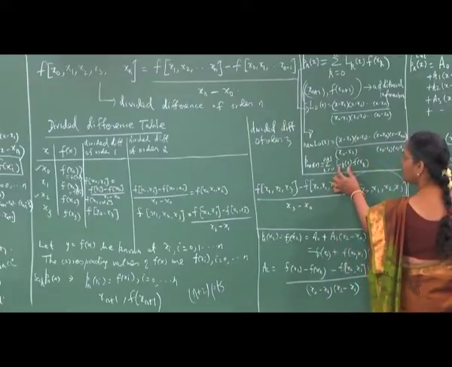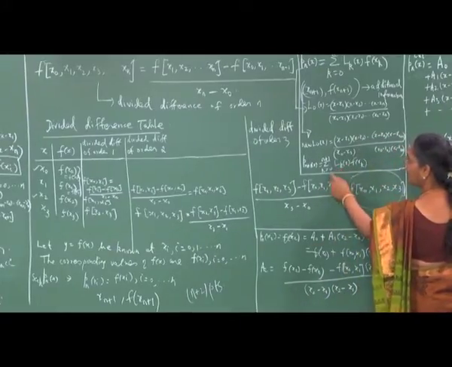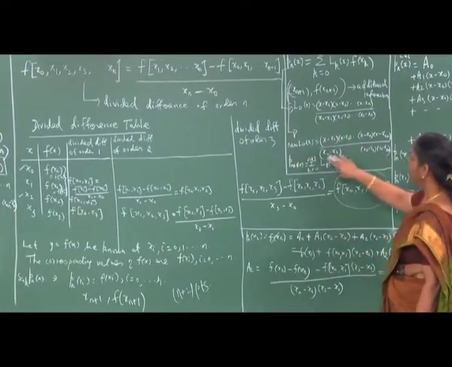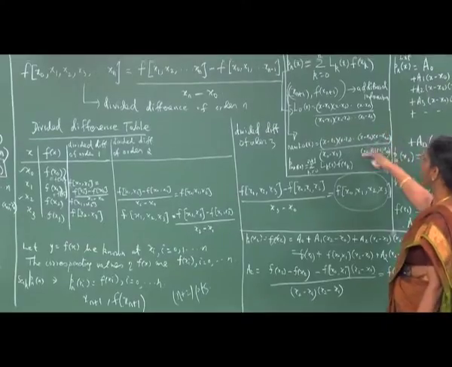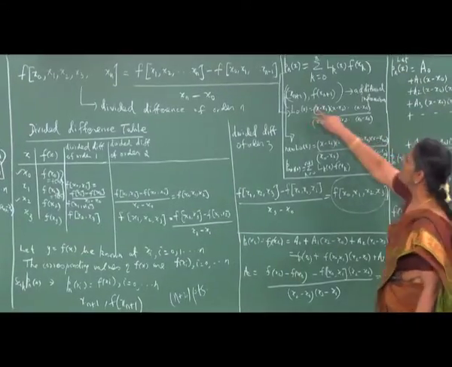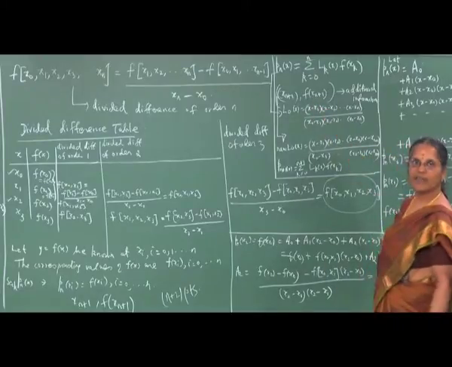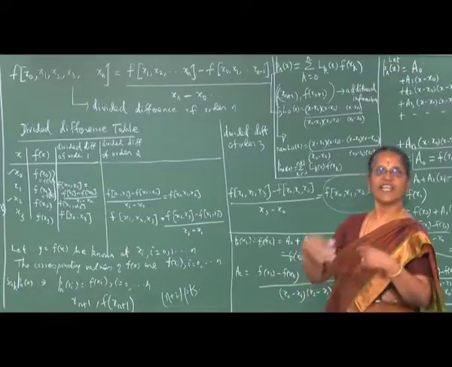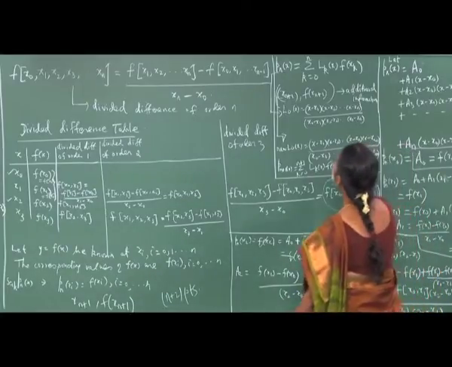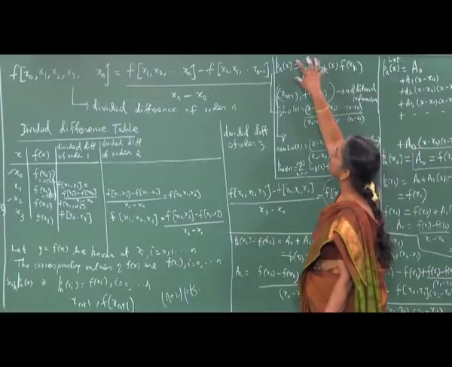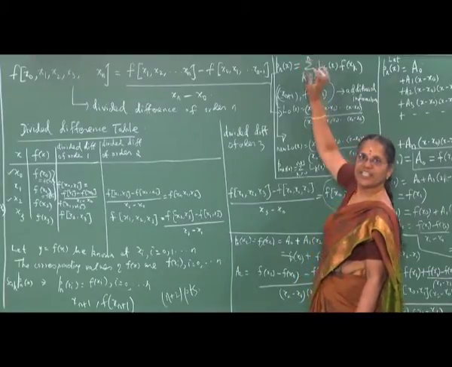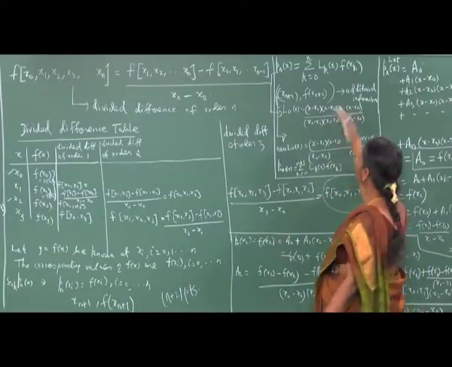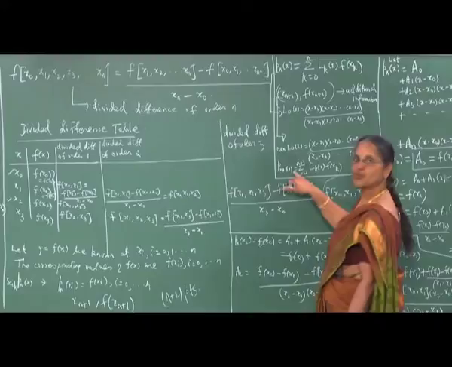So, each of these polynomials Lk of x for k equal to 0 to n plus 1 will have in both the numerator and the denominator extra factor that comes because of the information at xn plus 1 comma f of xn plus 1, and therefore, the previous calculations or the efforts that we have put in to construct a polynomial of degree n that interpolates the function at a set of n plus 1 points will not be of any help to us in getting a polynomial of degree n plus 1.